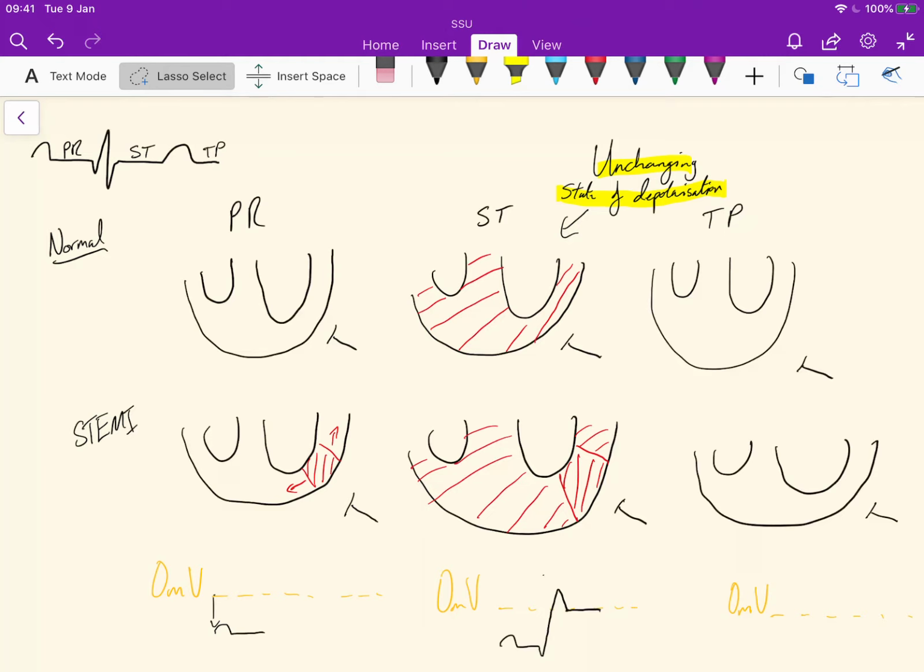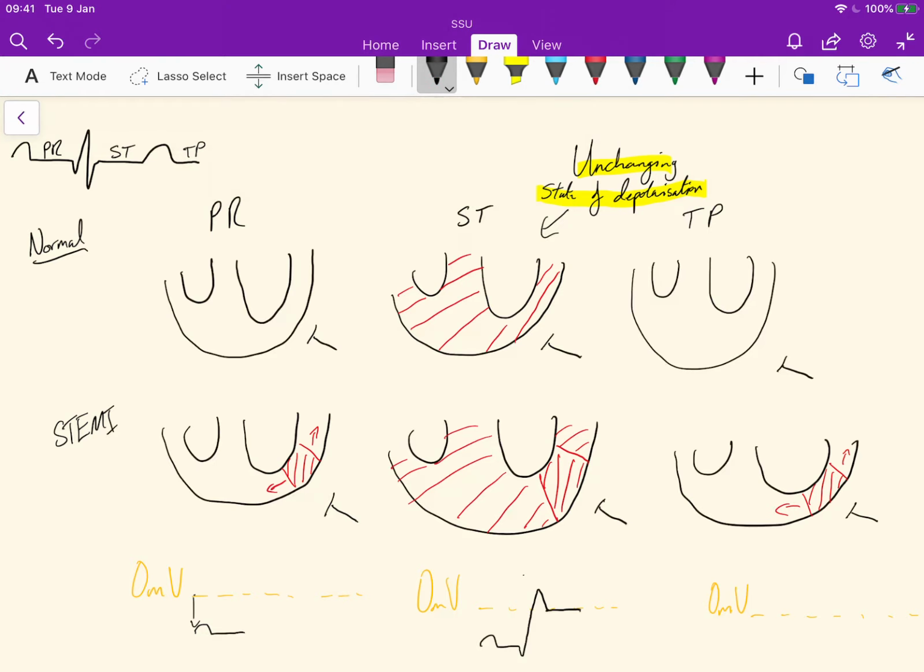Okay, and then once we have repolarization and are back to our TP segment, this tissue again creates a depolarizing current moving away from the overlying lead, which again moves the baseline in the negative direction.